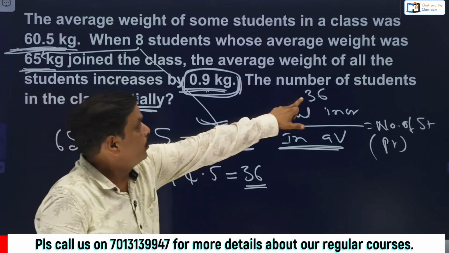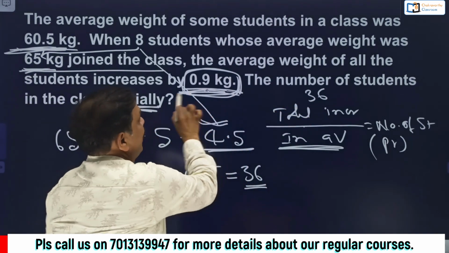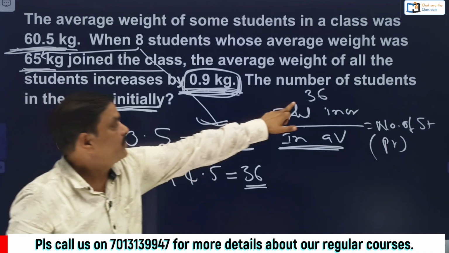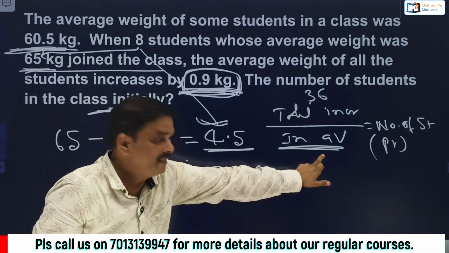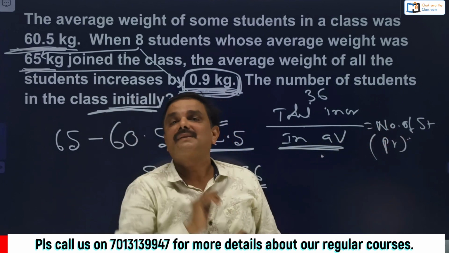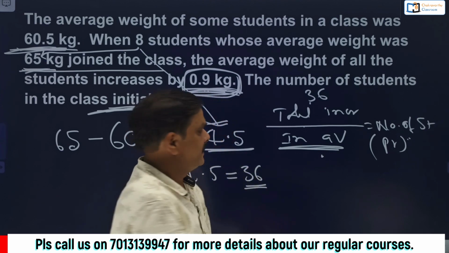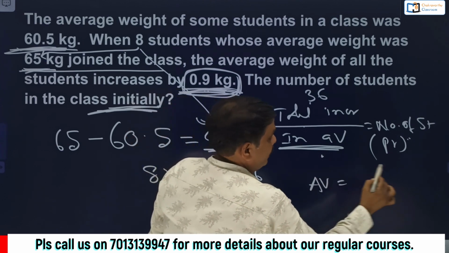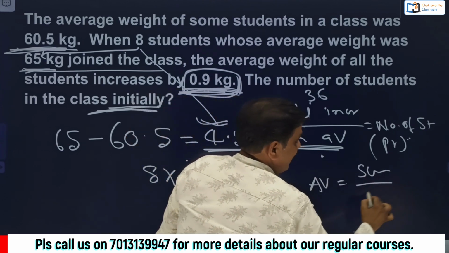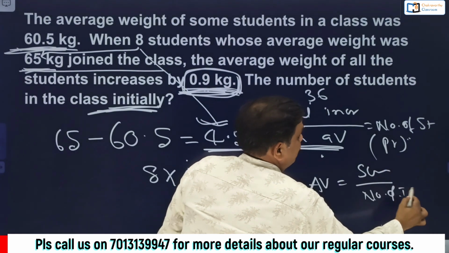Now this total increment is, on an average, 0.9 kgs per student. This total increment divided by 0.9 will give me the total number of students. You understood this point? It is just the basic average formula. Average is equal to sum of the items divided by number of items.